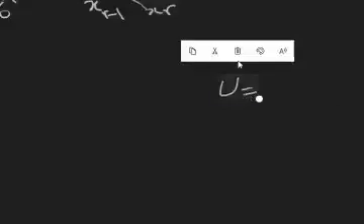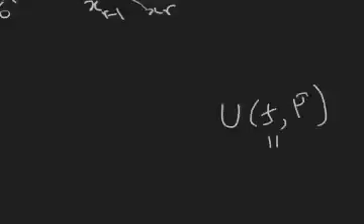The upper sum, denoted by capital U, of f corresponding to partition P, we split into n sub-intervals.